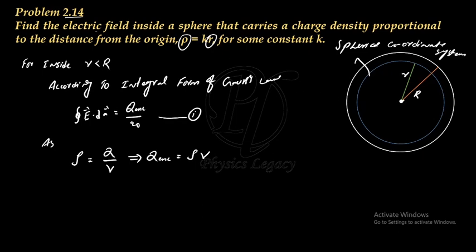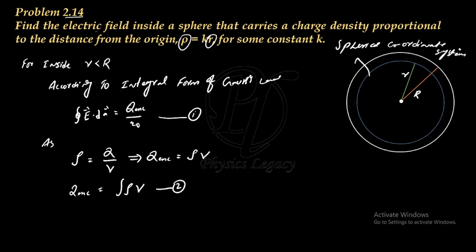As we move away from the center, the charge distribution increases, which means the volume charge distribution is not uniform. So to find Q enclosed, we integrate this relation, as Q enclosed is equal to integral of rho dV. We call this equation number 2.